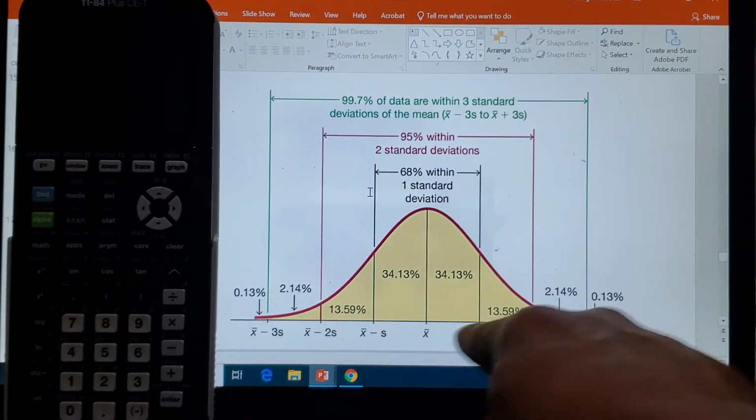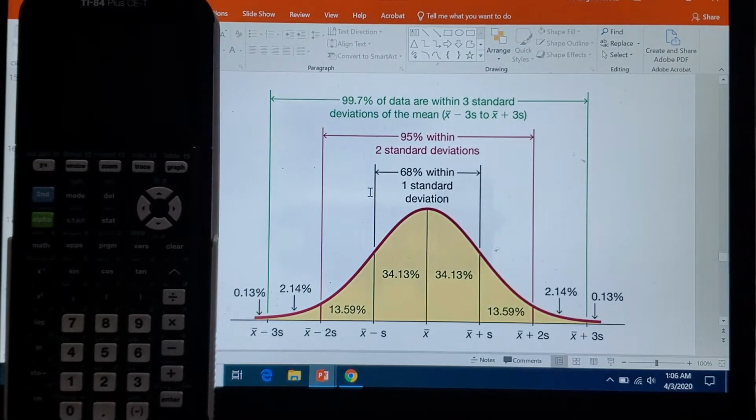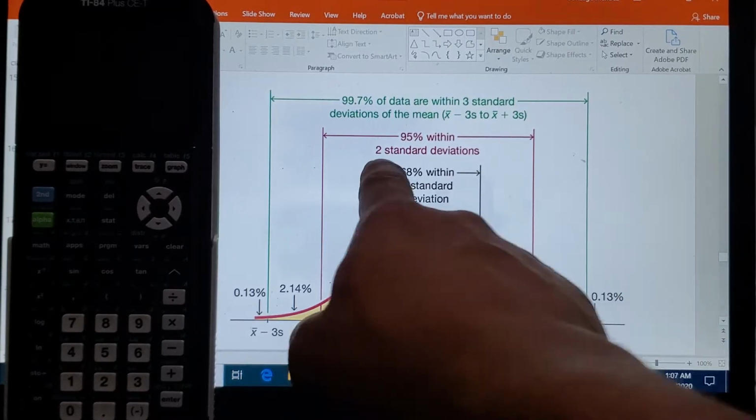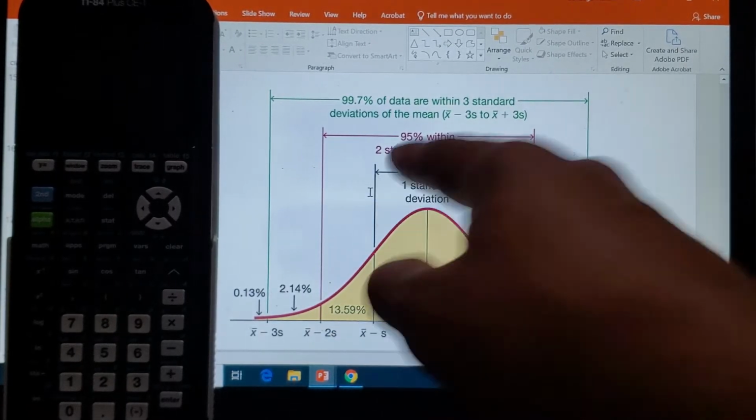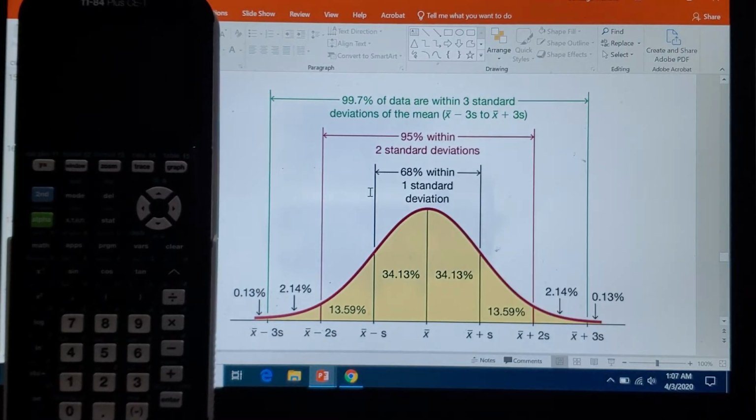That's where the majority of your data values lie. And that's the nice thing about the standard deviation. It gives you a better idea of where your data values are. As long as you know your data set is bell-shaped and symmetric, within 2 standard deviations, even within 3 standard deviations, that's where the majority of your data values should be.